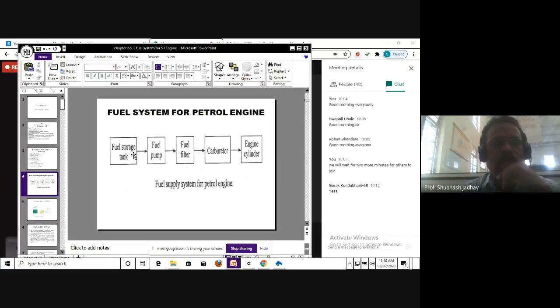As indicated over here, fuel storage tank. We have a fuel tank in almost all vehicles. Everybody knows there is a tank. And why do we have a tank there? In order to store the fuel. So we are storing the fuel in this particular tank, and we call it a fuel tank.